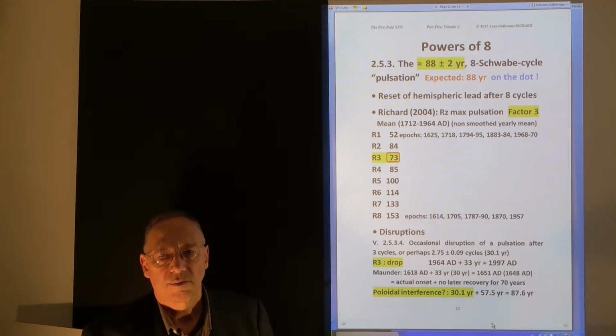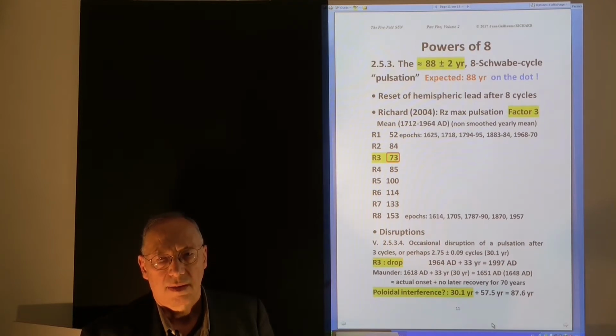The 88-year period was determined from inspection of spectra in the literature and from citations of results in solar physics to be 88 years plus or minus only 2 years, i.e. from more than 85 years to less than 91 years. It is right on the dot at the expected theoretical period doubling length, and it is also very sharply defined.